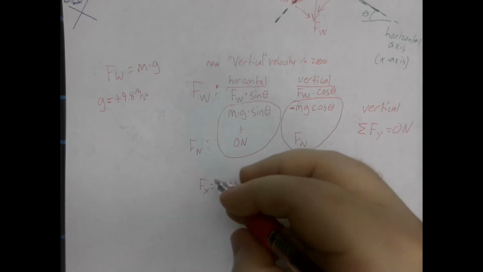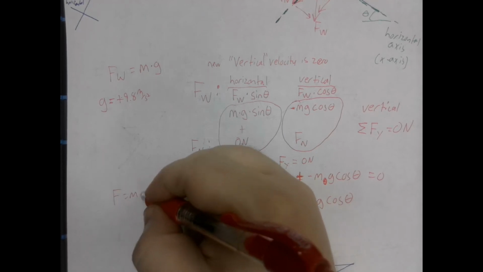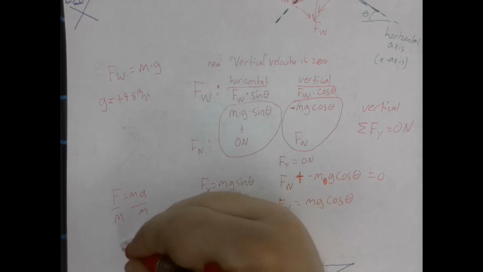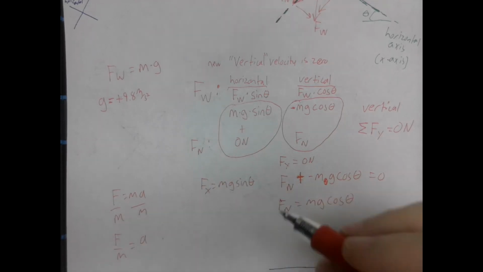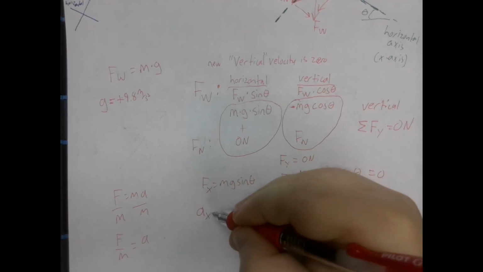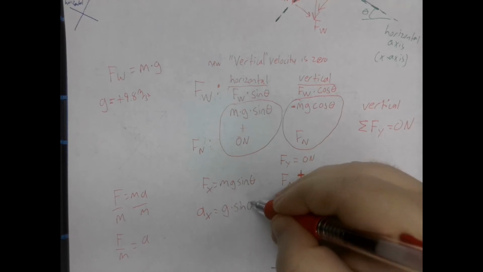We can solve for acceleration. So remember that force is ma. To solve for acceleration, we divide both sides by mass. So force divided by mass is equal to acceleration. So the acceleration in the horizontal direction would just be g times sine of theta, right?